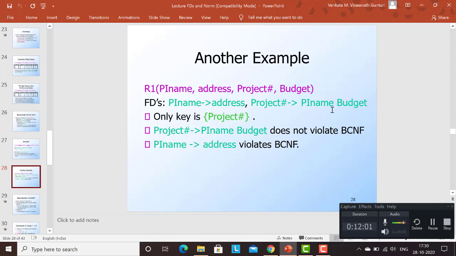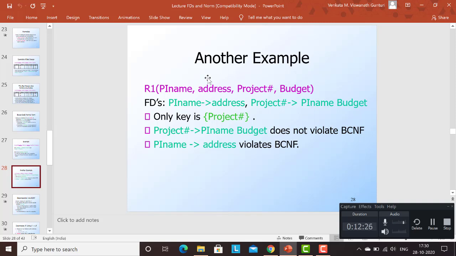There is an assumption here that for each project there will be a unique principal investigator. So given a project number, I can uniquely determine the principal investigator and also the budget. So we have these two FDs.